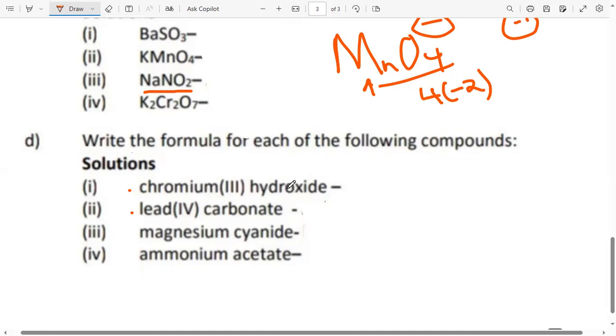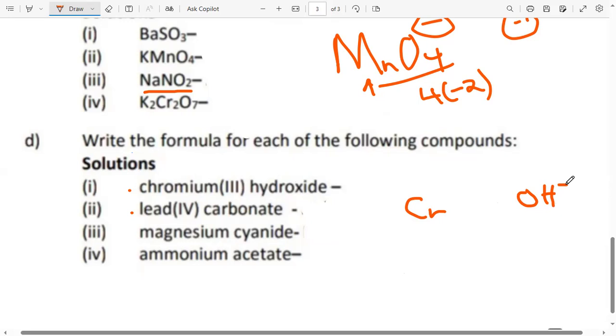So how do we write the chemical formula for this? The first thing always is to identify what we have. We have chromium, which is given by Cr, and then we have this hydroxide. Hydroxide has a -1 charge. Why?